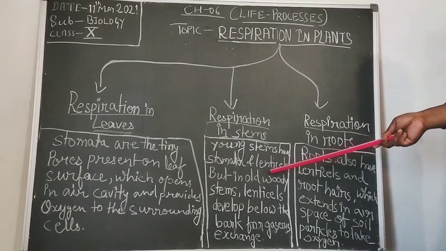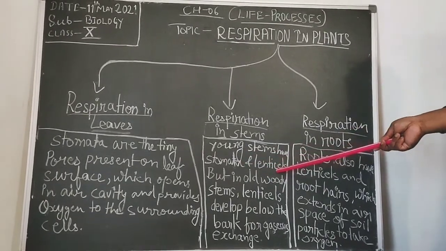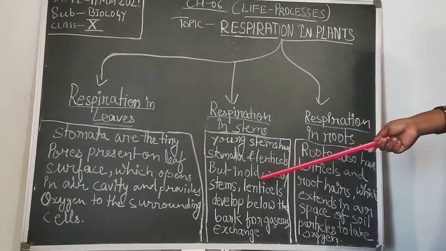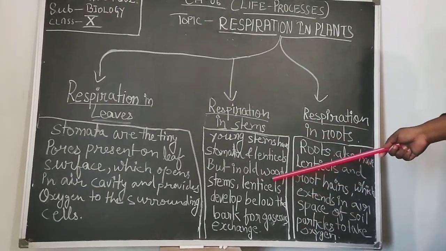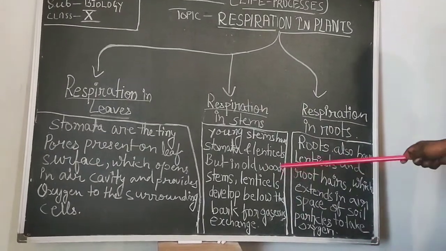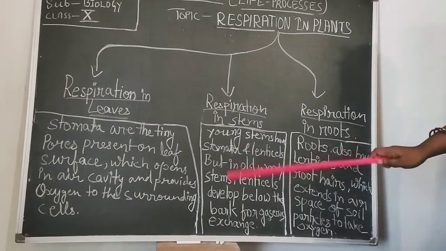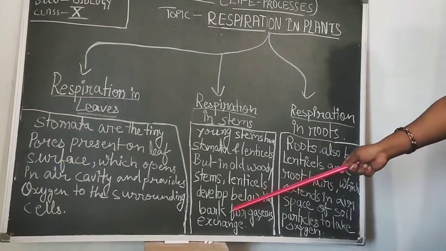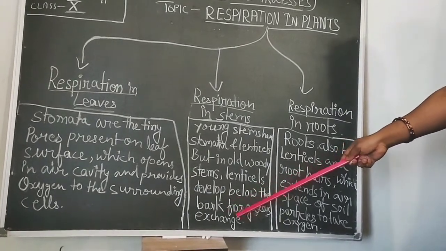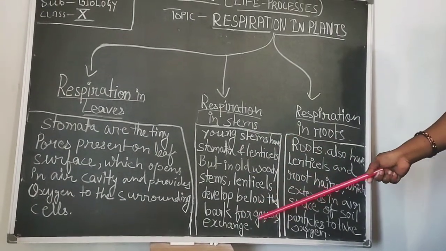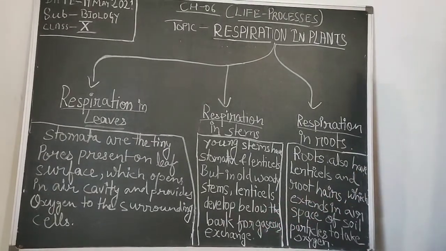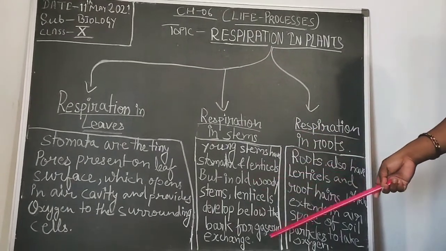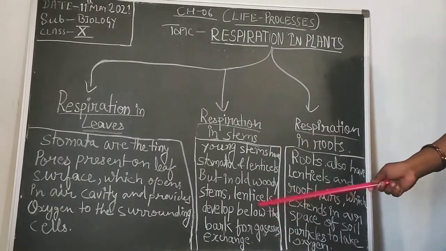So in young stems it is carried out by both of these, but when the plants become old, as in trees, the soft stem is replaced by a woody stem, and woody stems only have lenticels, which develop below the bark of the tree. These lenticels help in gaseous exchange. So when respiration occurs through stems in woody trees, it is done by lenticels.